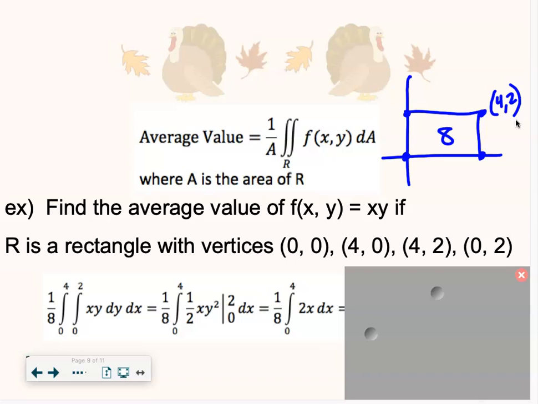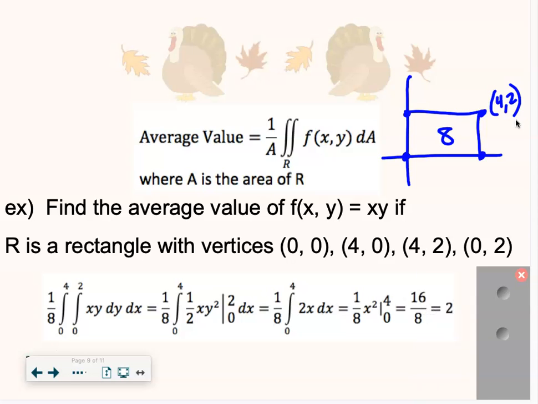So you end up with the integral of 1/8 times 2x dx, and now you integrate with respect to x, and you get x squared, evaluated from 0 to 4, so you get 16/8 or 2 minus 0, and your average value is 2, which is the average z value. When you're doing average value in 3 dimensions, it's the average z value, the average height, basically, of your surface above the xy plane.